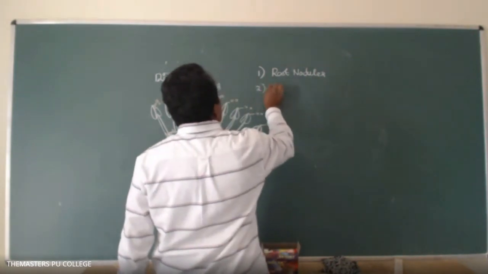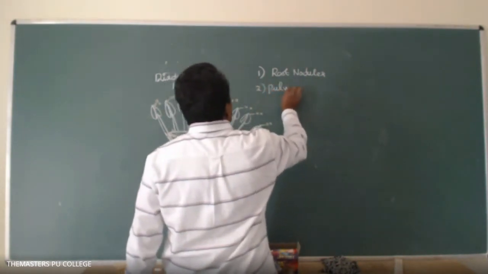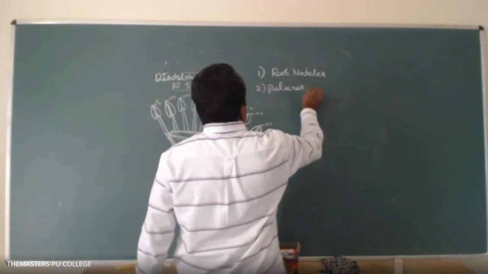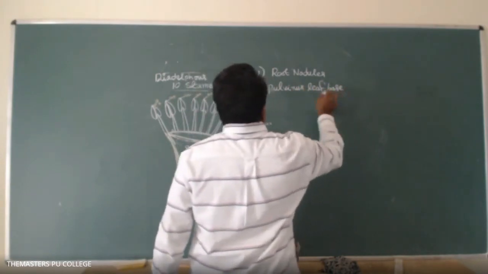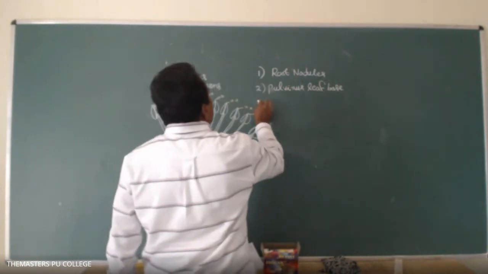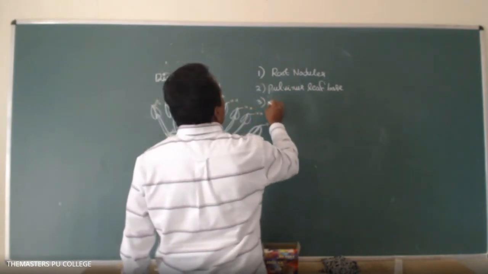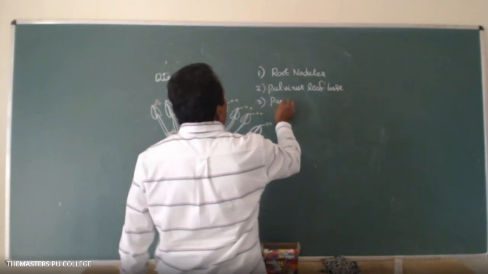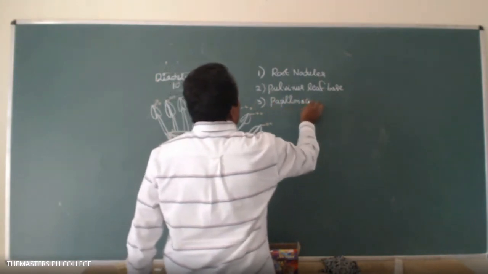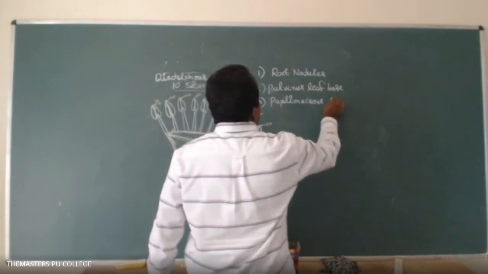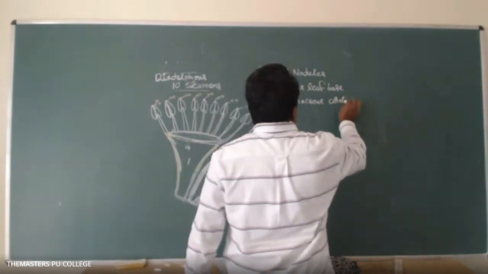Option two is pulvinous leaf base. Option three is papilionaceous corolla and diadelphous stamens.